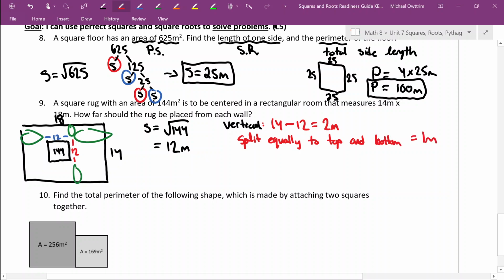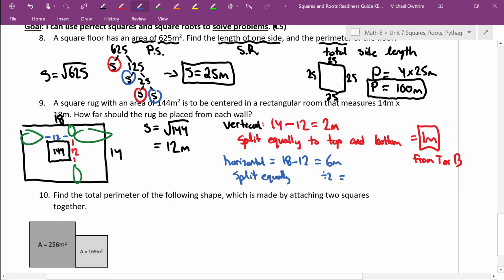So it's going to be 1 meter from the top and 1 meter from the bottom. For our horizontal distance, our difference that needs to be centered is going to be 18, take away the side length of 12, or 6 meters. Then we want to split that equally as well. So we're going to divide that by 2 to get 3 meters on either side.